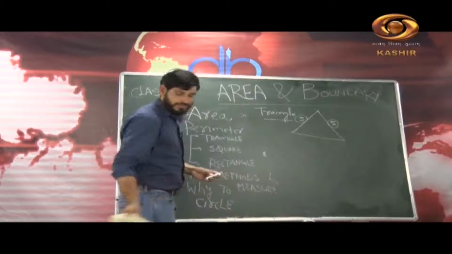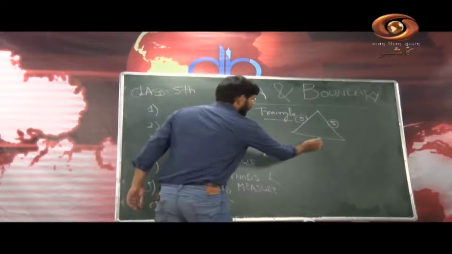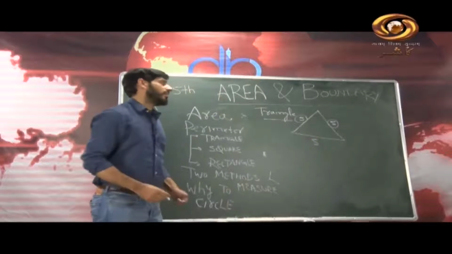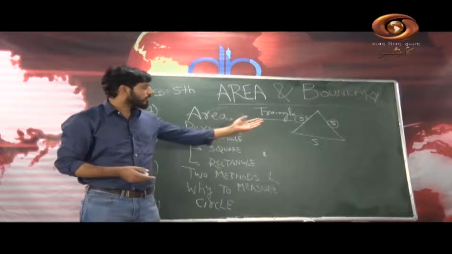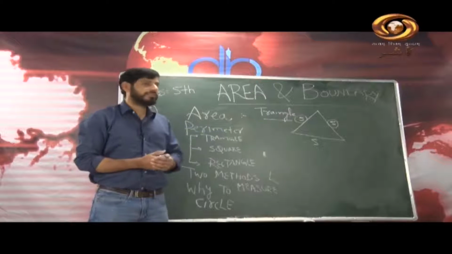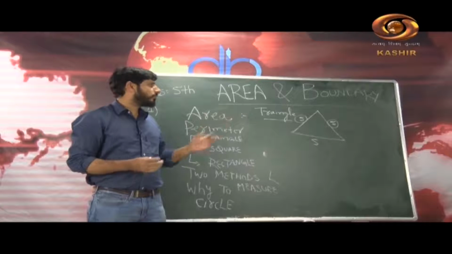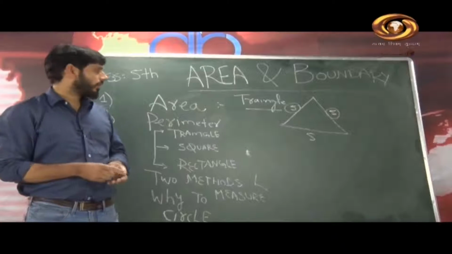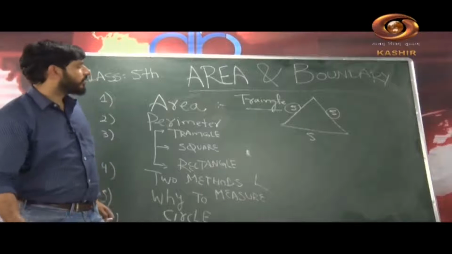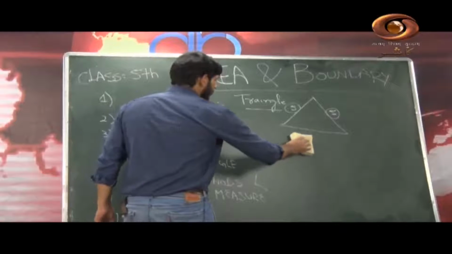Now if we replace this 4 with 5, it becomes an equilateral triangle, and again the concept of perimeter remains the same, that is we have to add up the boundaries, that is 5 plus 5 plus 5, okay. And for the scalene triangle, every side will be different.